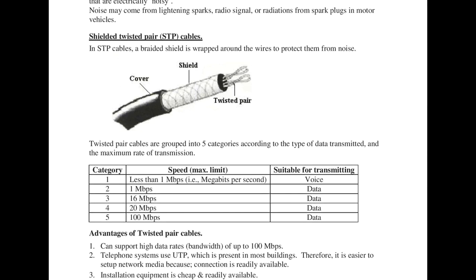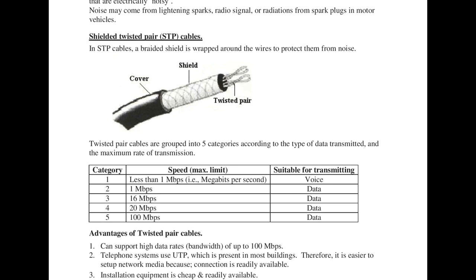For this one, we have categories and the speeds that they operate at. Category 1 operates at a speed of less than 1 Mbps, and it is suitable for transmitting voice. We have category 2, which operates at a speed of 1 Mbps. It is nice for data.